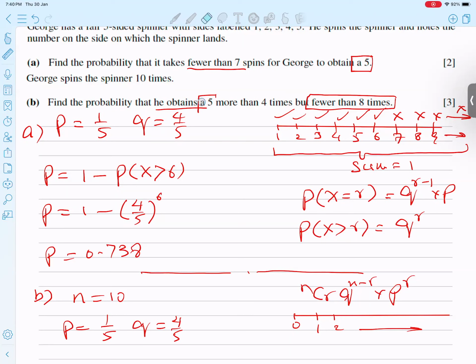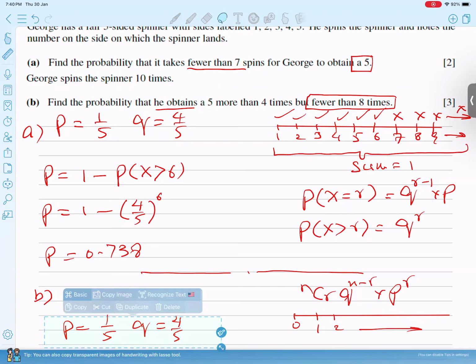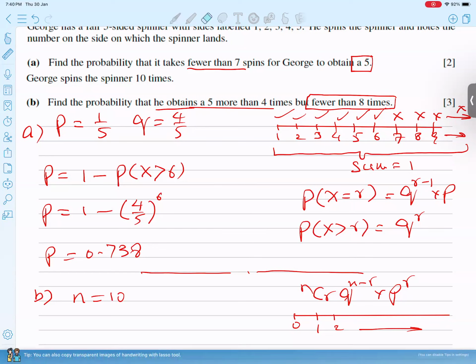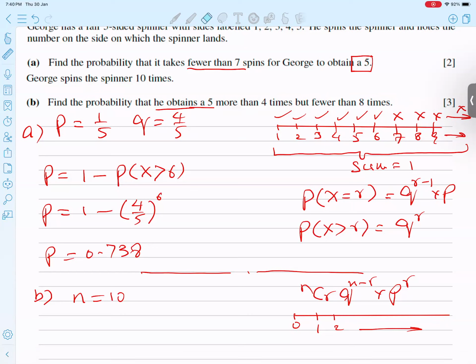So the condition has clearly changed. He obtains a 5 more than 4 times, but fewer than 8 times. I think that's correct. The p value was 1 over 5, and q is 4 upon 5.